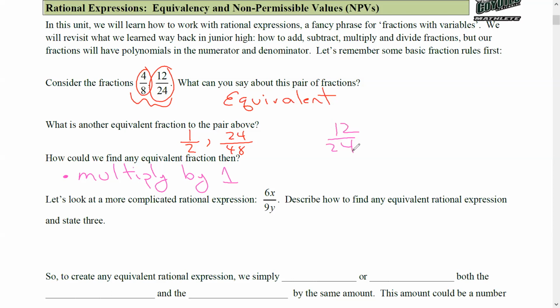I said I could have multiplied this top and bottom by 2. What I really want you to think about is that when we multiply numerator and denominator by the same thing, we're multiplying by 1, because what's 2/2? 2 divided by 2 is 1. This whole thing is 1.